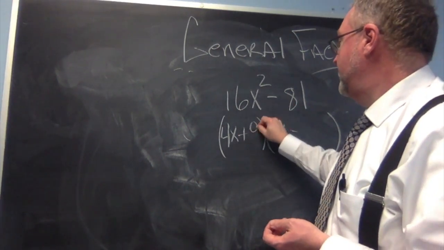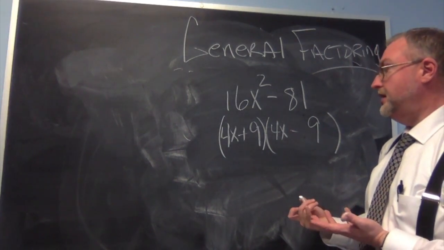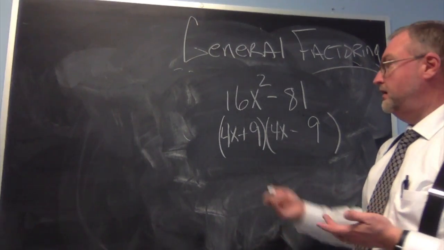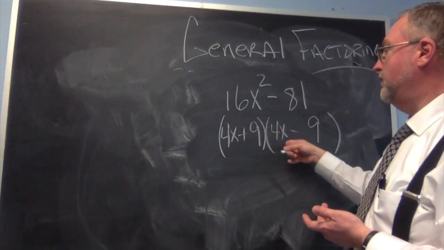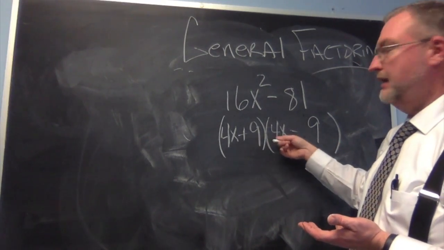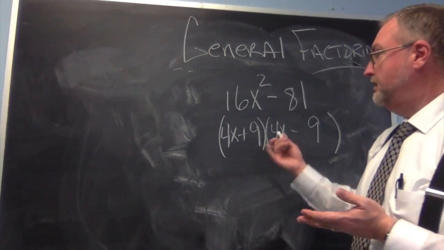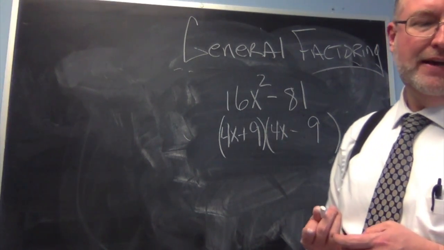That's the same, 9 and 9. How do we know that's right? Because if you go back and check it, first, outer, inner, last, your outer and your inner is going to cancel out. Because 4x and negative 9 is negative 36x, positive 36x, no middle term. So you know it's correct, right? So that would be that answer there for number 8.